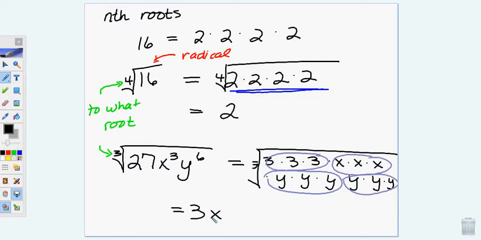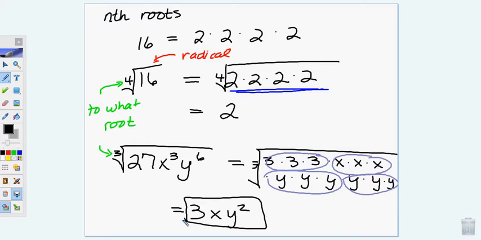And then here's the tricky part. I have 2 groups of 3 y's. Well, each y that comes out of that radical sign becomes y. But if there's 2 of them, then I have 2 sets of them, which is y times y, which becomes y squared. Okay? So this particular root here becomes 3xy squared.